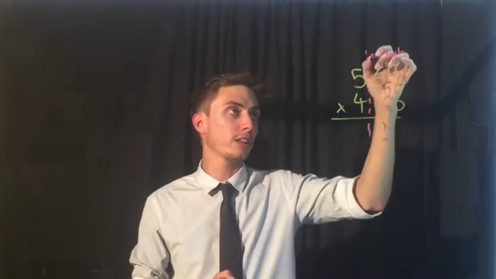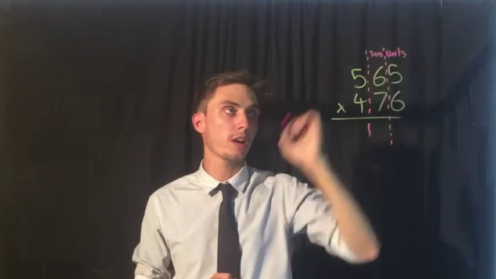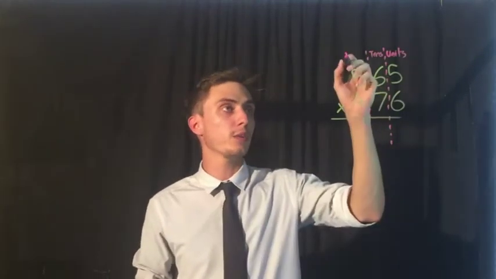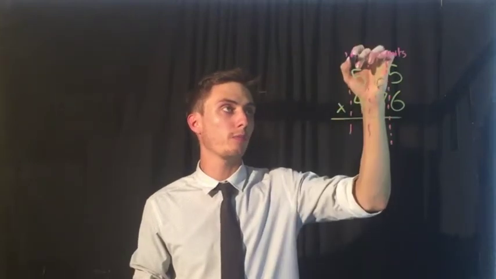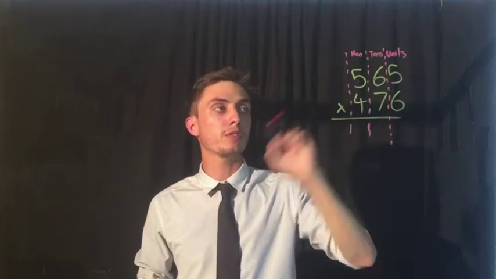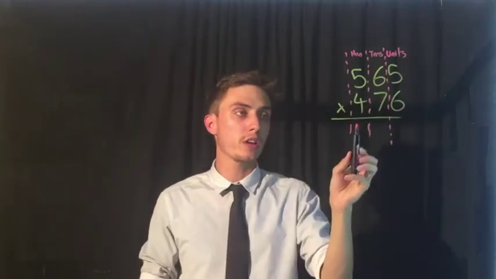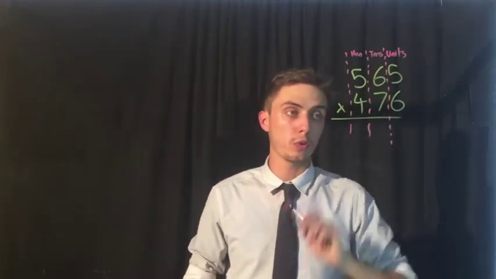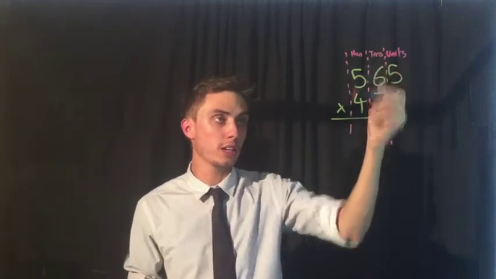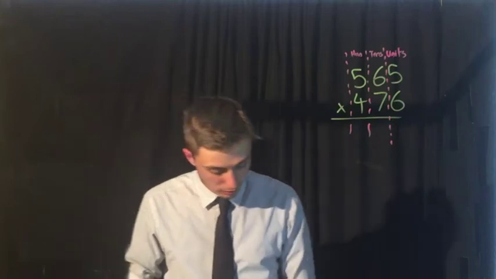And this is our tens column right here. So this is 60 and this is 70. And here we have our hundreds column. So this, although we see a 5, stands for 500, and this here stands for 400. Good to keep in mind. Notice I've kept my numbers all nice and neat. That'll help me later on.